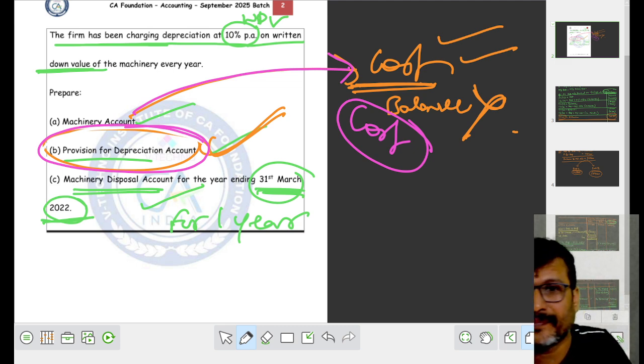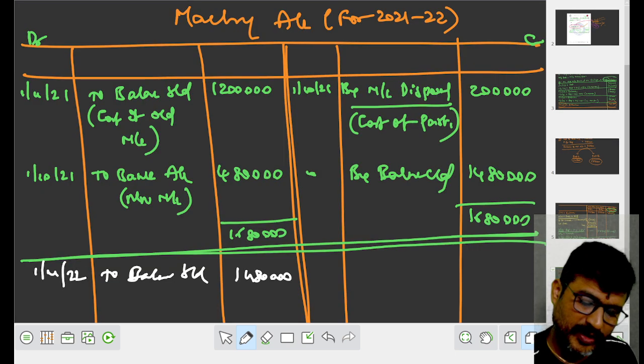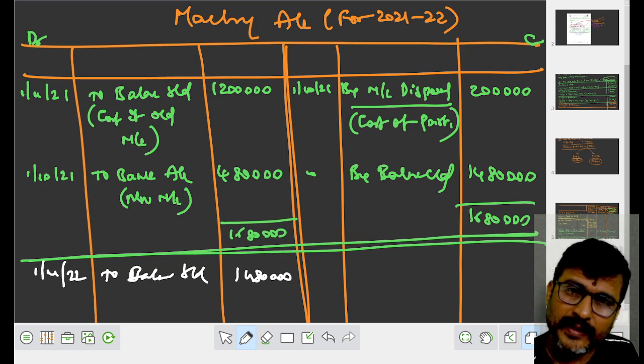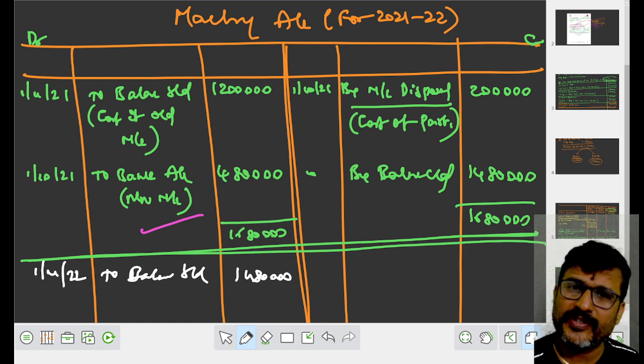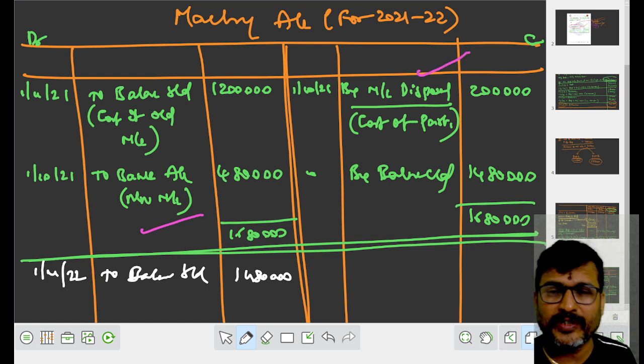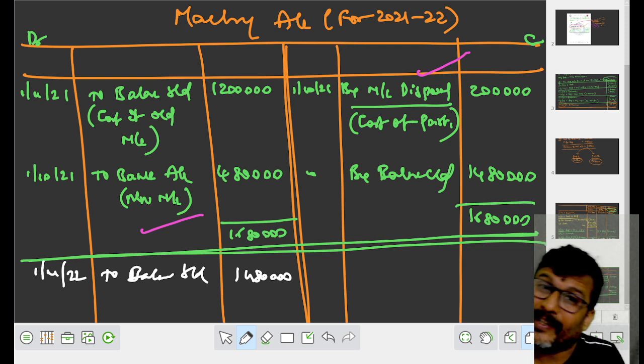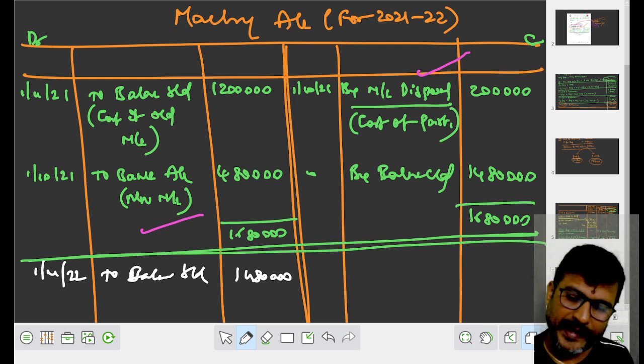Once you took the machinery cost, you have taken the new machinery purchased. Here machinery is disposed, transferred to disposal account with the cost of part 1, then carried down, brought down.